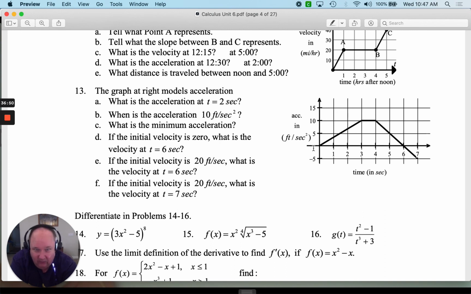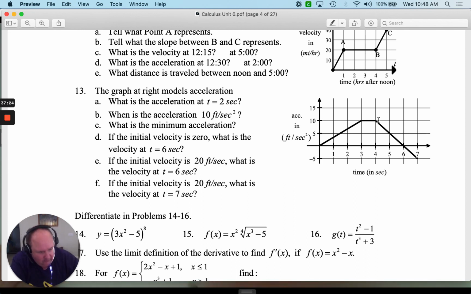Can you find the area from 0 to 6? So half the base times the height. That's 3 times 10. A rectangle, that's 1 times 10. And then another triangle, half of 2 times 10. So if I put that together, half of 30, 10, half of 20, I get 35.